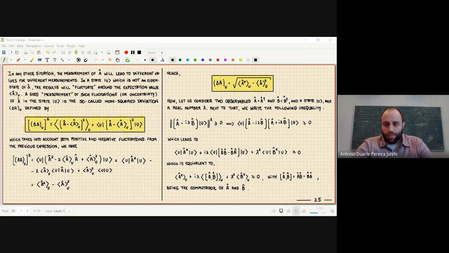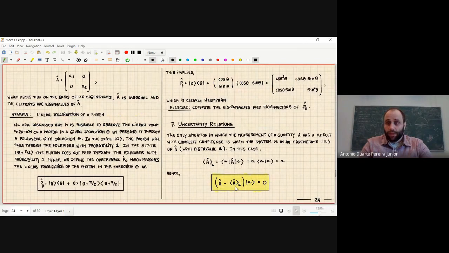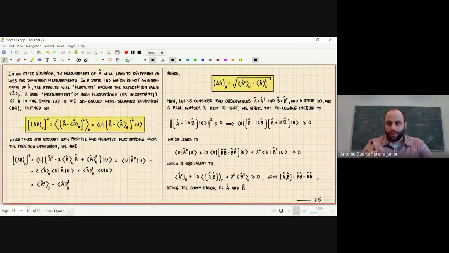Yes, Mahmoud, this is not zero. That's a very important observation. This thing is not zero in general. It will be zero just in the situation that I described here, when you are in an eigenstate of the operator. But in general, it's not.